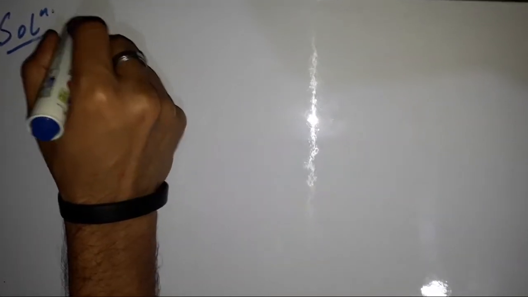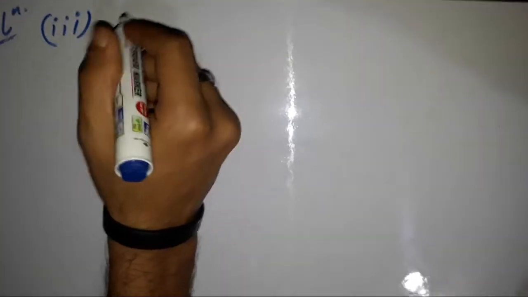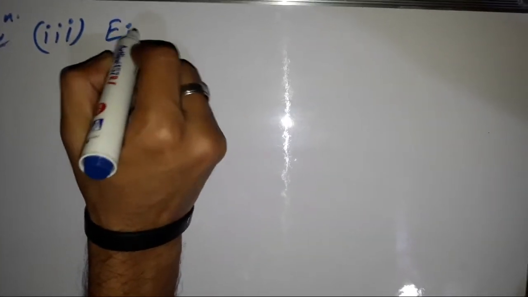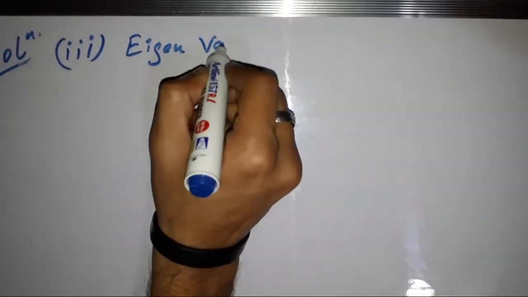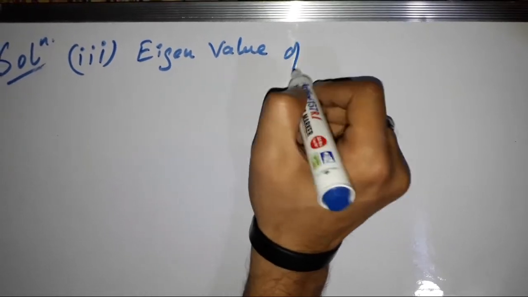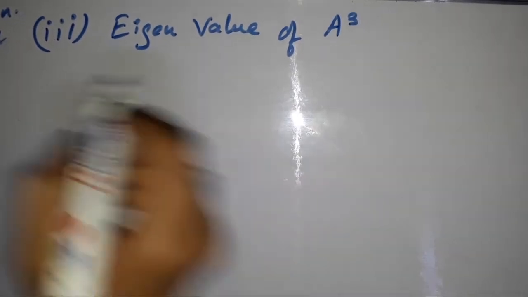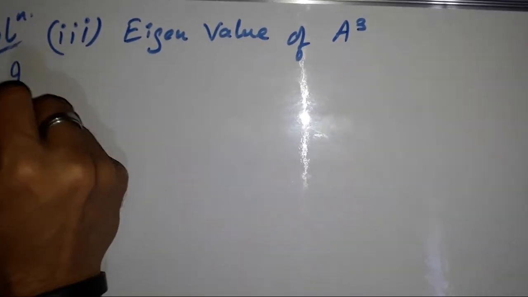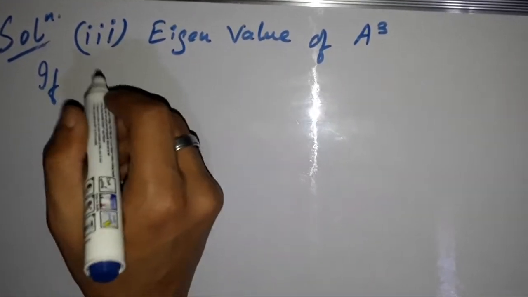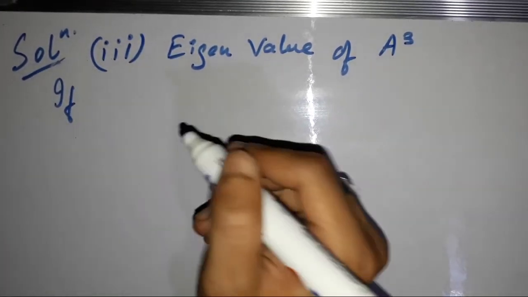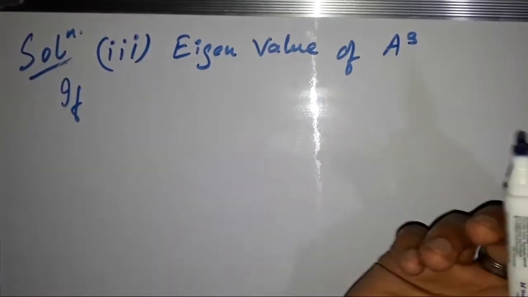The third part, we have to find the eigenvalues of A cube. In this we will show how the eigenvalues of A cube are found.